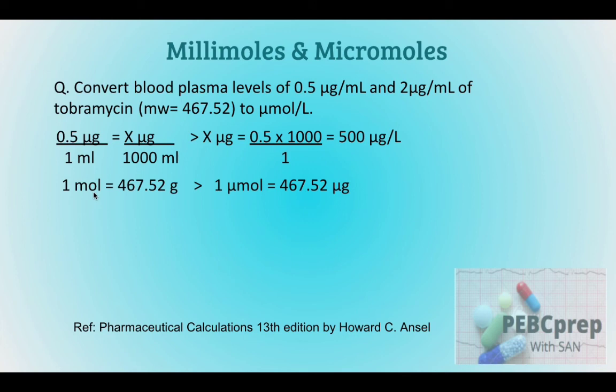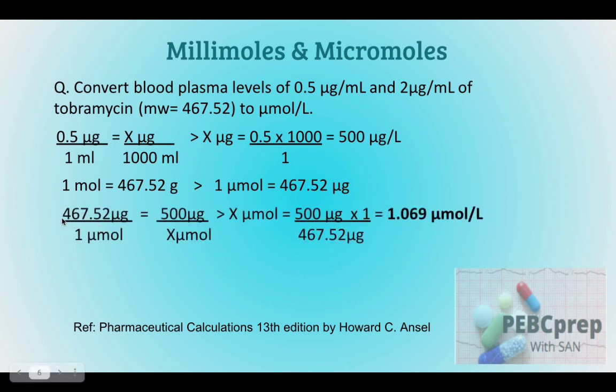Then 1 mole is equal to 467.52 grams. Similarly, as we did in previous question, we are adding micro on both sides. 1 micromole is equal to 467.52 micrograms. Then, if we have 467.52 micrograms in 1 micromole, then how much 500 microgram will be in micromole?